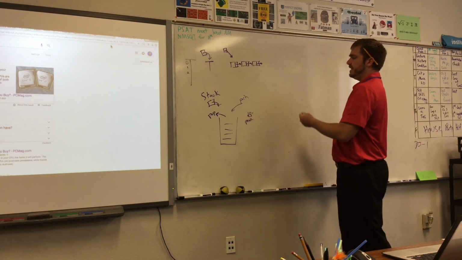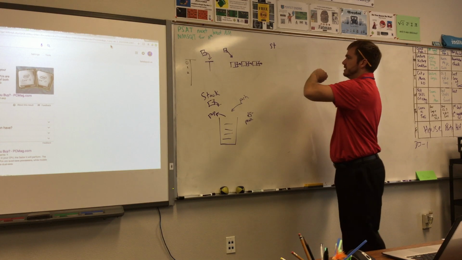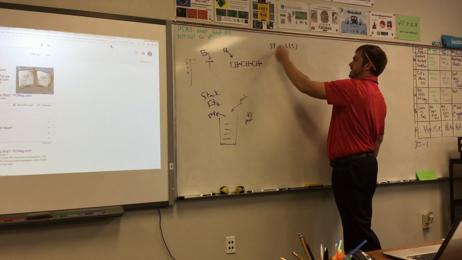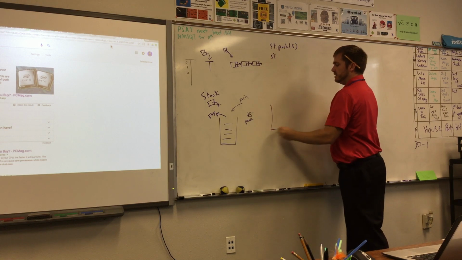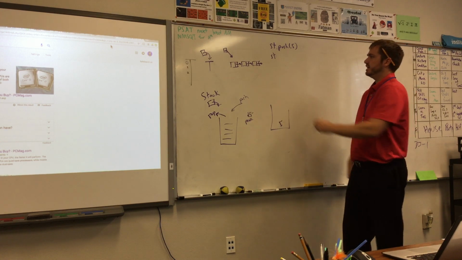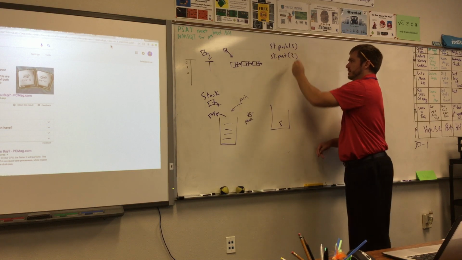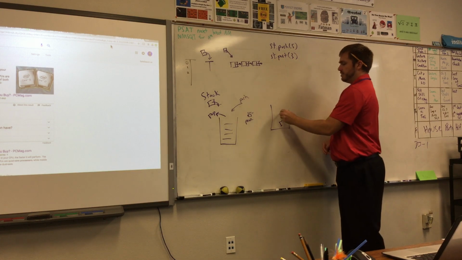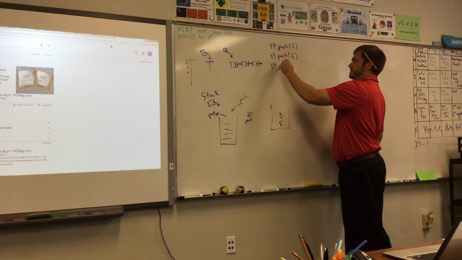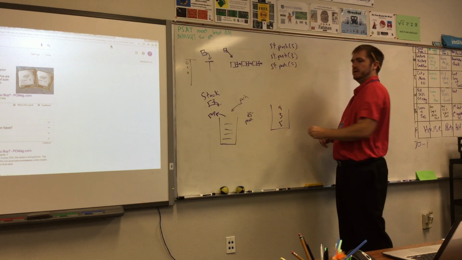So if I had a stack called maybe ST, and I said ST dot push 5, then it would push the number 5 onto the stack. And I said ST dot push 3, it would push 3 onto the stack. ST dot push, I don't know, 9, it would put 9 on the stack.